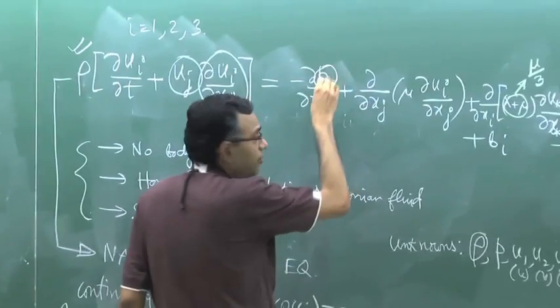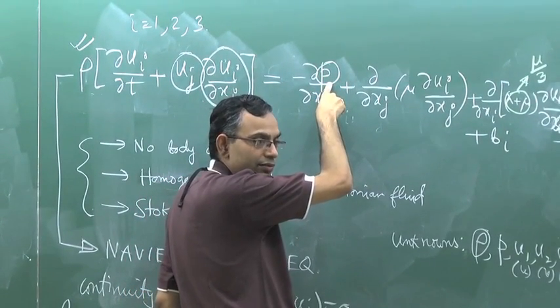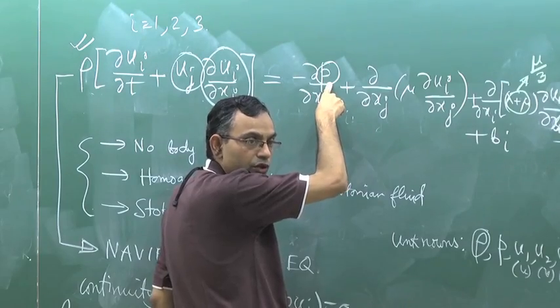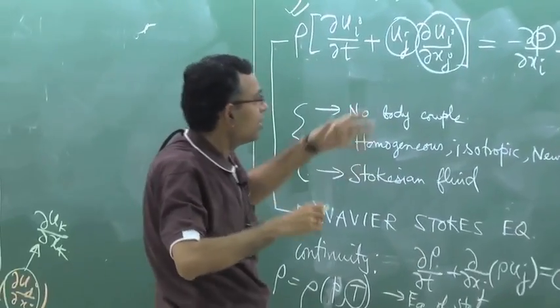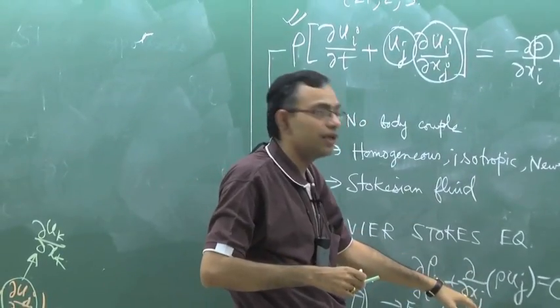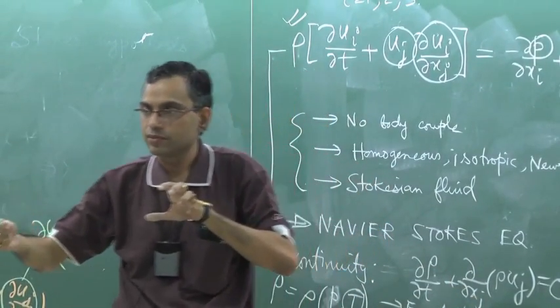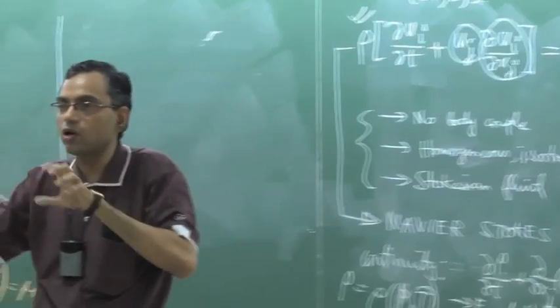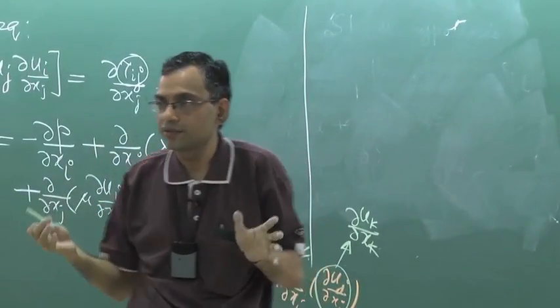Point number 2 is you have pressure as a variable, but you do not have a separate governing equation for pressure. So you need to play certain tricks. You need to relate the pressure with the continuity equation to somehow get a governing equation for pressure, and that is not very straightforward. You have to do it through some numerical technique.